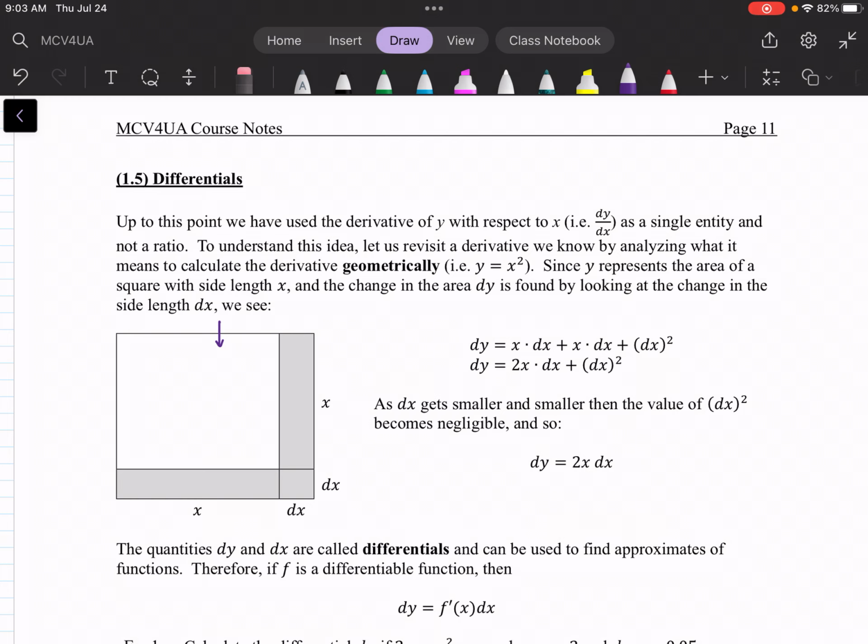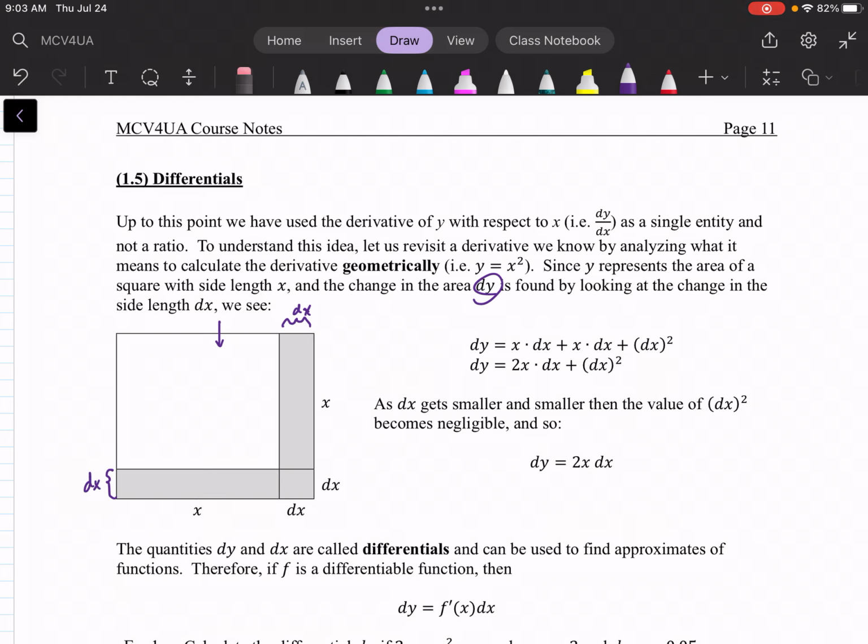What we want to do is find the change in area, dy. So dy is found by looking at the change in the side length dx. As you can see, this length right here is dx. This length right here is also dx.